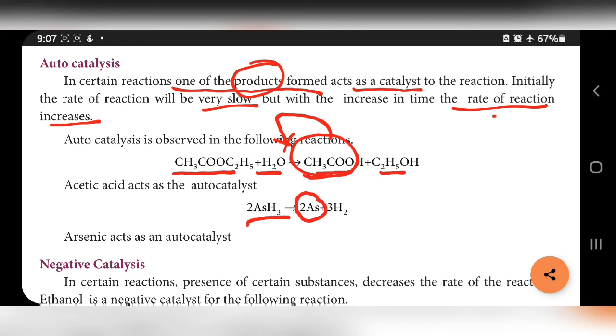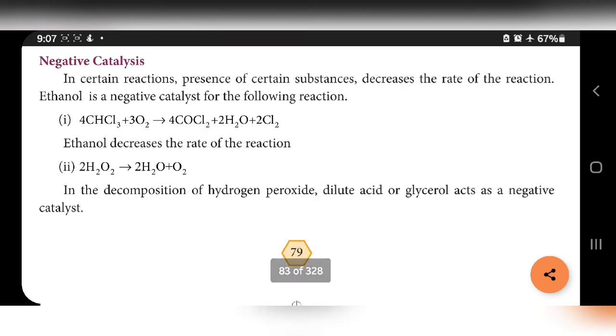Next one, negative catalysis. In certain reactions, the presence of a certain substance decreases the rate of the reaction. That is called negative catalysis. Positive catalysis, negative catalysis. Rate of the reaction increased by a catalyst is called positive catalysis. Rate of the reaction decreased by a catalyst is called negative catalysis.